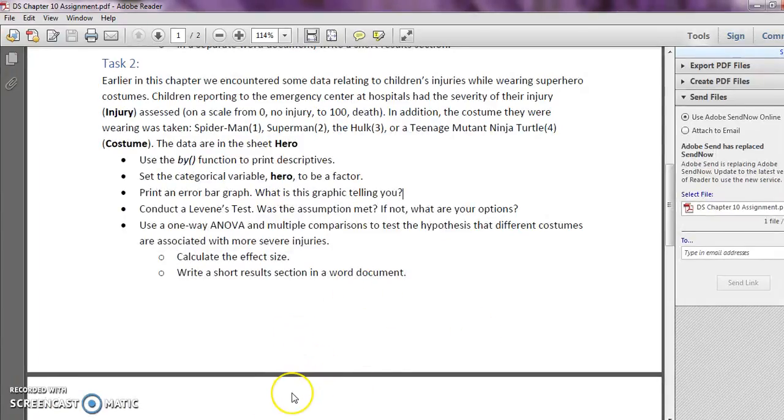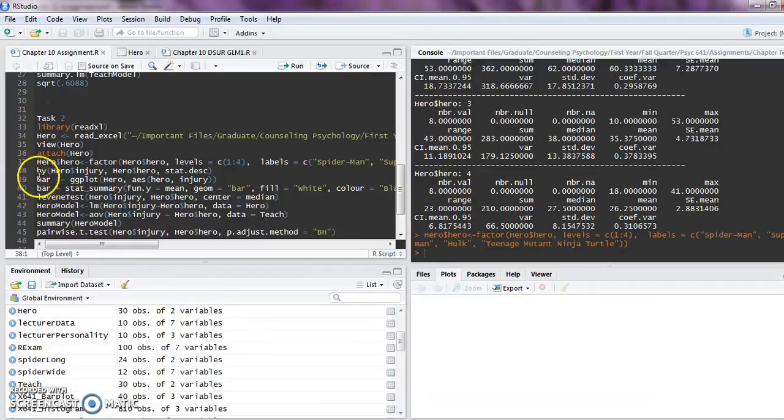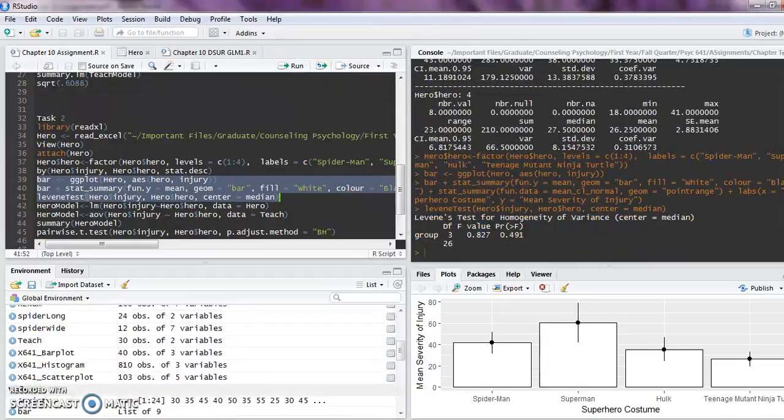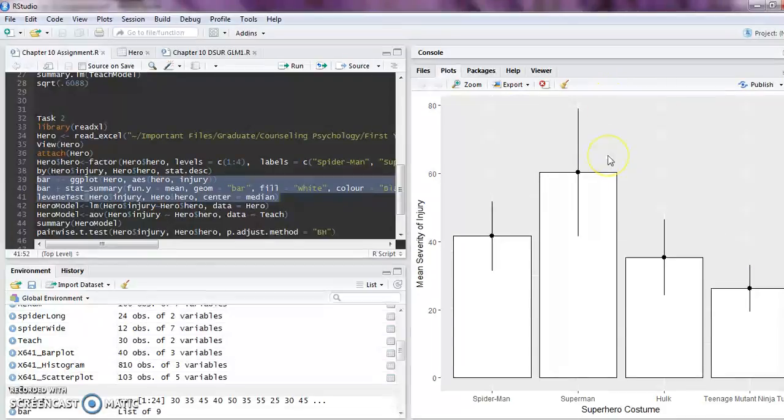Okay, so then we have to print an error bar graph for this data set. So I'm going to do that. Oh, I ran a Levene's test too. Oh well. That's less things that I have to do. So essentially what an error bar gives us is a general idea of how precise the measurement is. So it gives us the variability of the data.